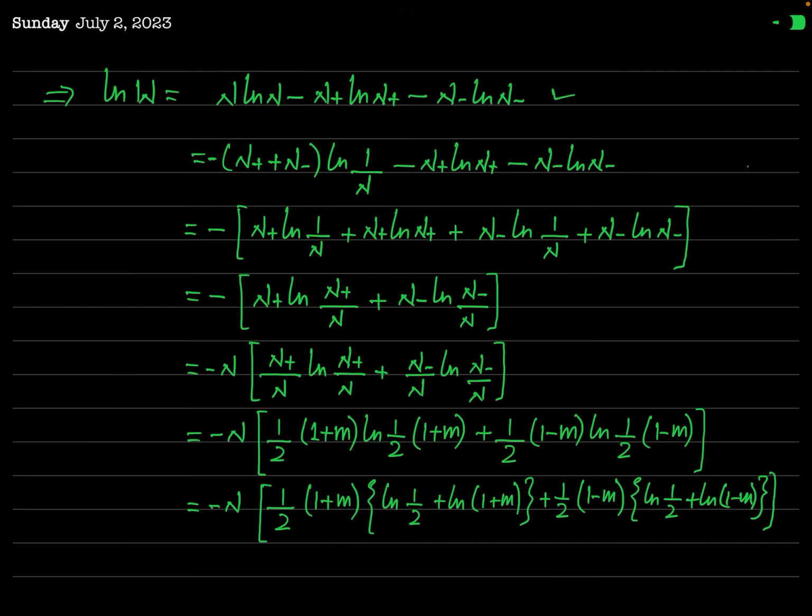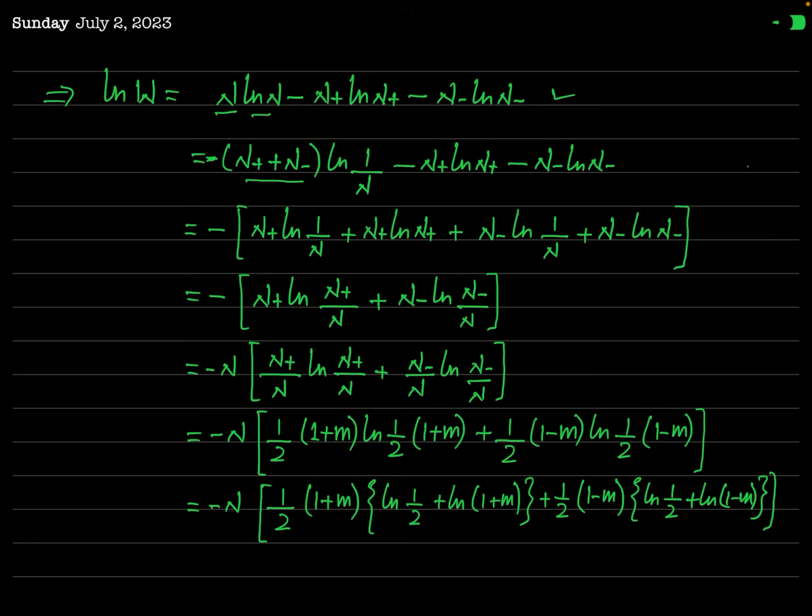Now you know that this n is equal to n plus plus n minus, and this ln n can be written as minus ln 1 by n. So I have taken here a minus sign, and instead of ln n, we have written ln 1 by n.